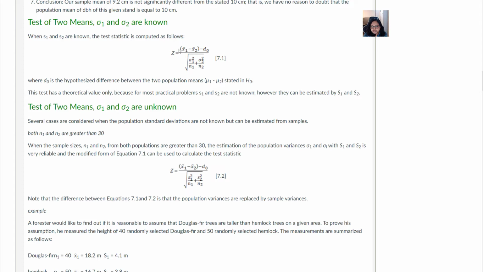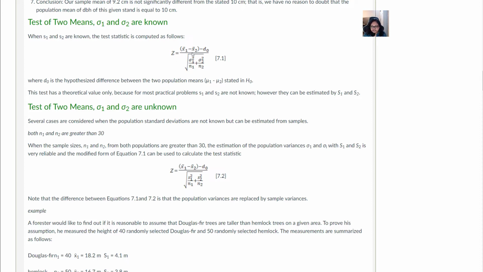In the statistic, you use the difference between the sample means and the difference between the population means. Then you use the standard deviations, the sum of them, because since we are using two populations, we have to combine them. So the combined standard error would be this one.